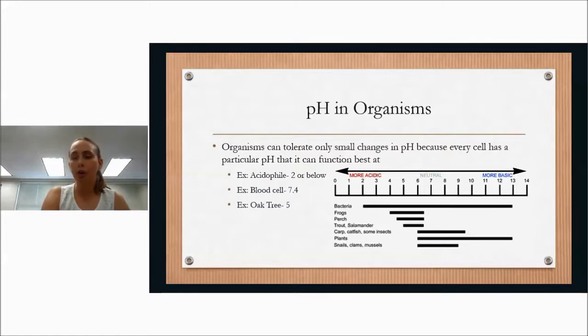However, the area that overlaps in the environment where they would be in, like a stream or something, is very small. So the stream or the pond pH actually has to be relatively stable. Otherwise, you're going to start killing off one species or another.